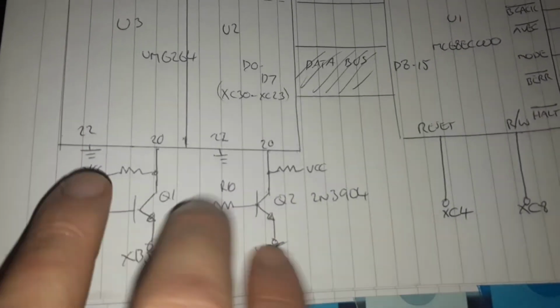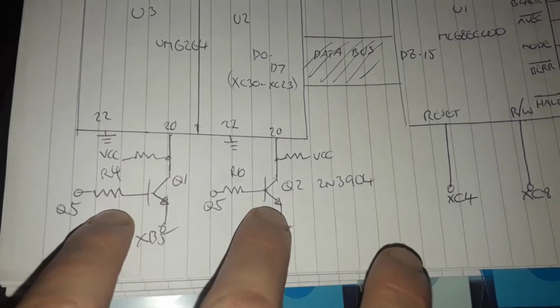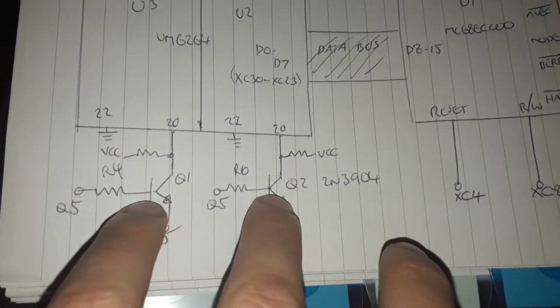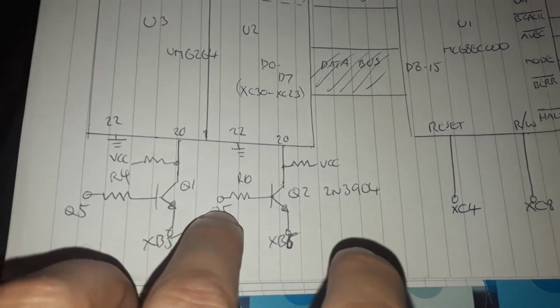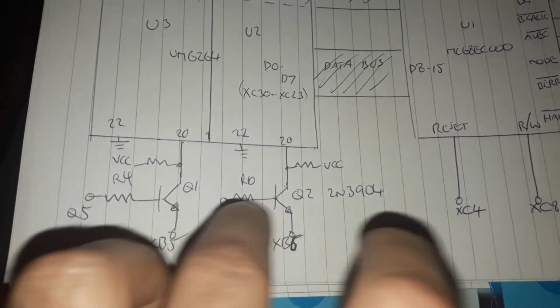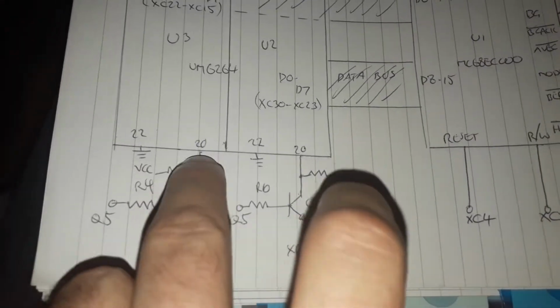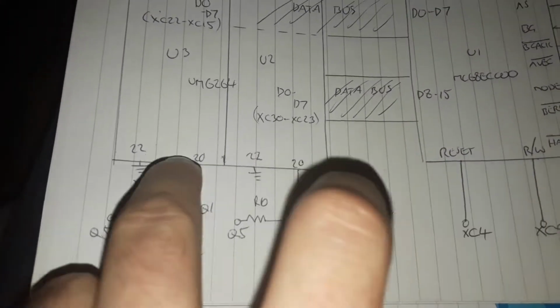R4 and R6 are connected to Q1 and Q2 base. And what a lot of people think happens is the edge connector, the main board, connects to the bases of these transistors to drive pin 20 in the RAM low, and that's not what happens.